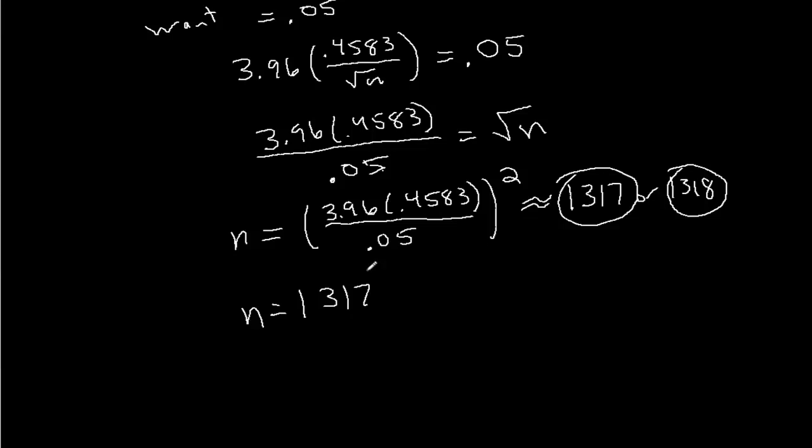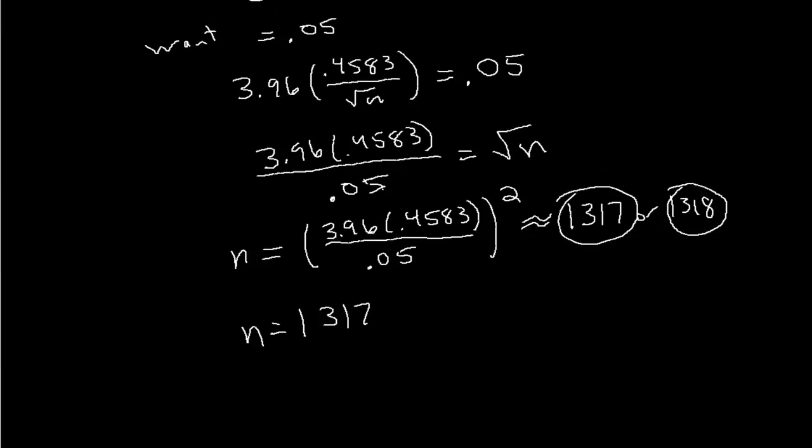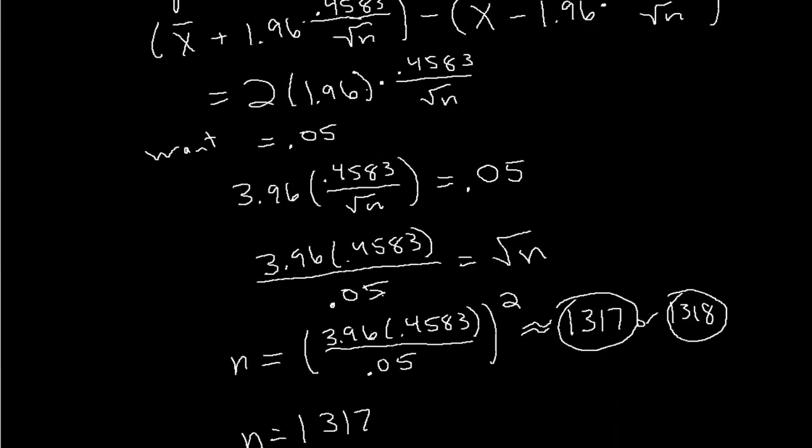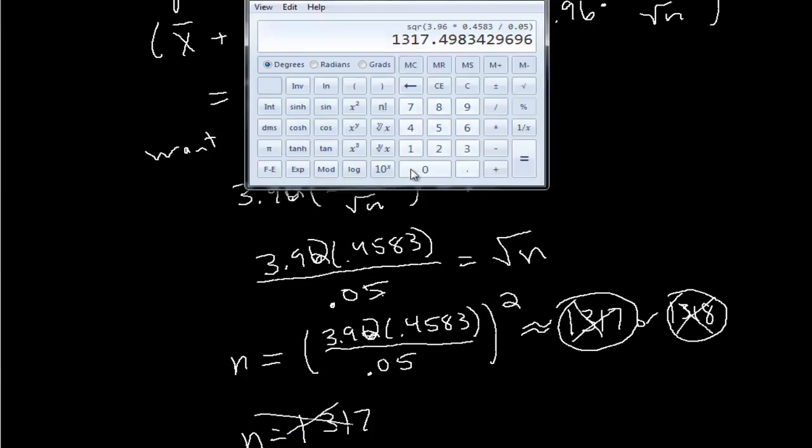Okay, and we get 1317. Oh, whoops! I look down to my notes here, and I have a different value. And you guys probably picked up the mistake. I think I said 3.92, but I wrote down 3.96. That should have been a 2 there. So let's pull up our calculator. That's not right. I don't use this calculator very often. I don't think I can pull up what I just had, so I'm just going to enter it again.